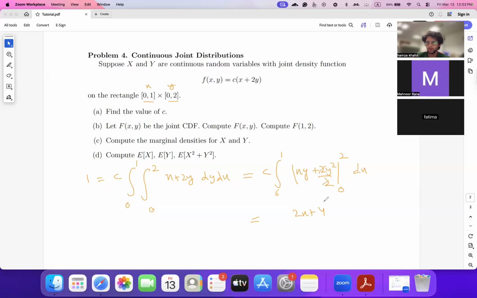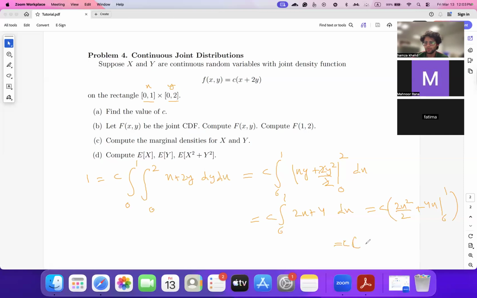So you get x squared, and this is now you want to evaluate, right? And this is equal to what? And then c. So that's just 2's get cancelled, 1.